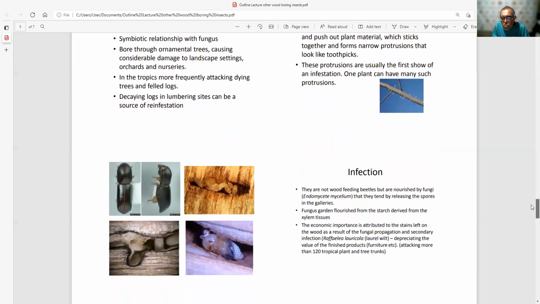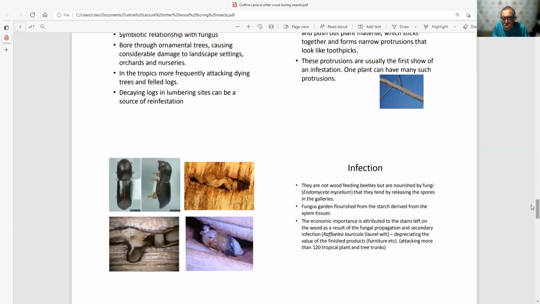And they are not wood-feeding beetles. Again, sama semua, semua kumbang tidak makan kayu, but they are nourished by fungi. Others are nourished by the starch deposit. In this case, they are nourished by the fungi. That's why they develop a symbiotic relationship with fungus.